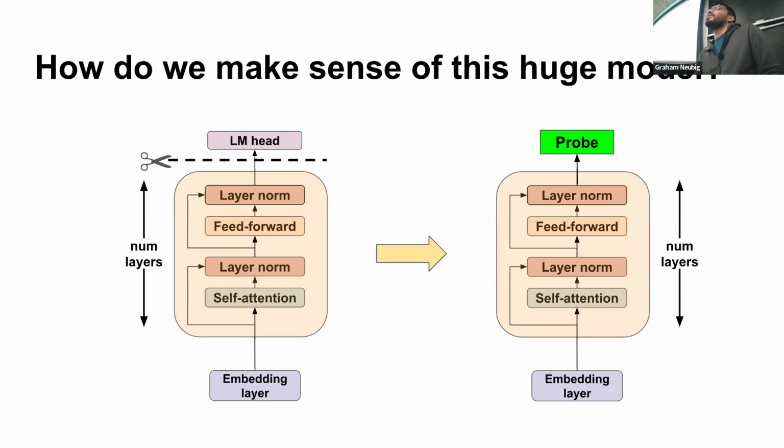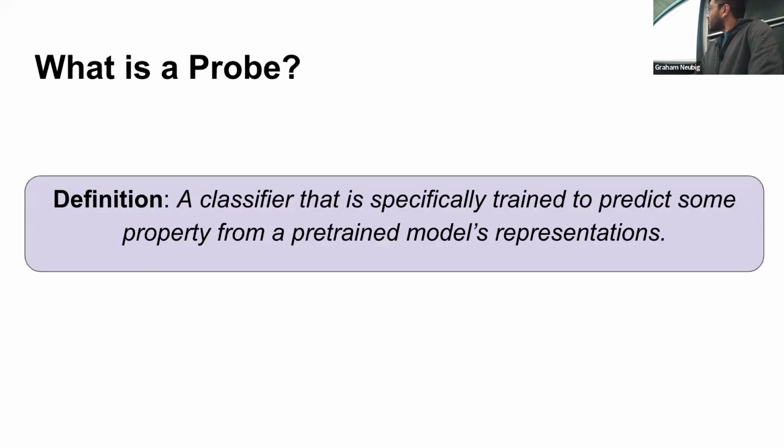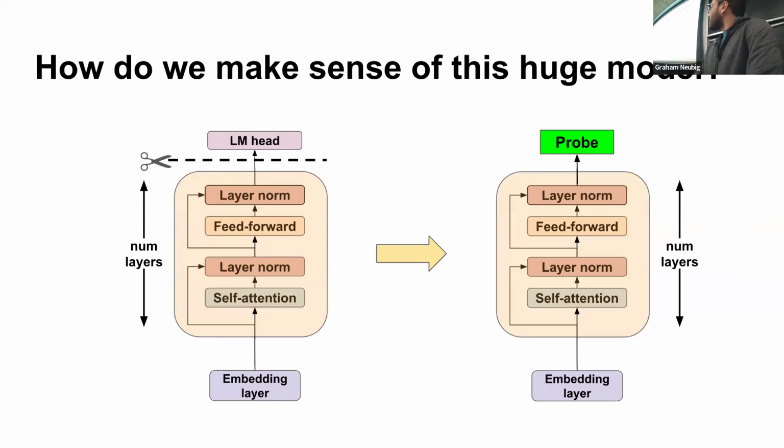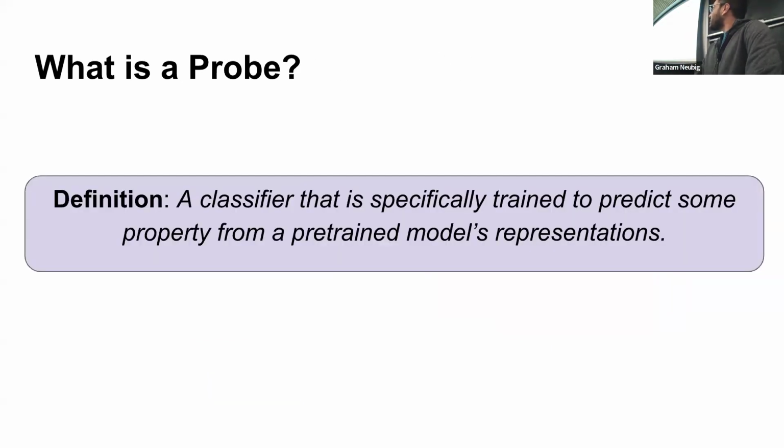Usually it's a small 2-layer or 1-layer MLP. And we basically treat the model as something that exists, and we only really care about the output of the model. So more specifically, what is a probe? It's a classifier, this green thing here, that is specifically trained to predict some specific property from a pre-trained model's representations alone.